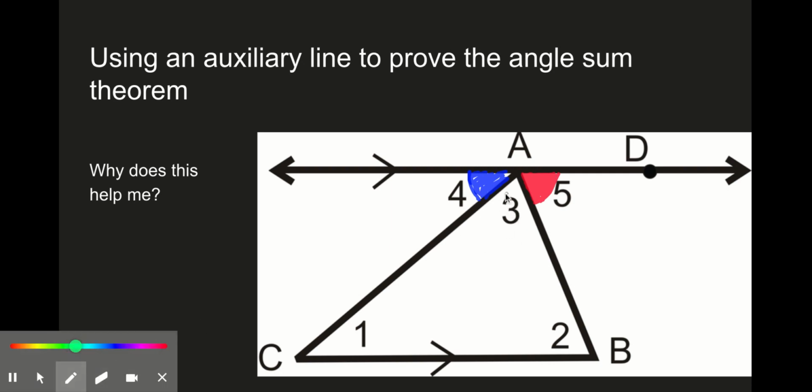And then we're going to use our concepts from chapter 3, like alternate interior angles, to say that if this right here is alternate interior to this, or that this is a pair of alternate interior angles, rather, then 1 needs to be the same as 4. That's true of all alternate interior angles.